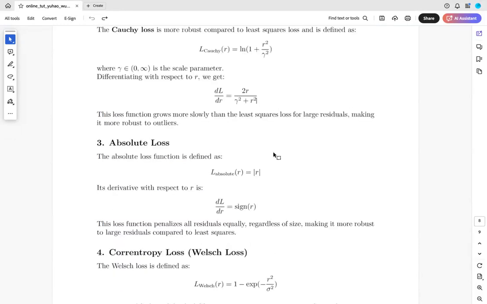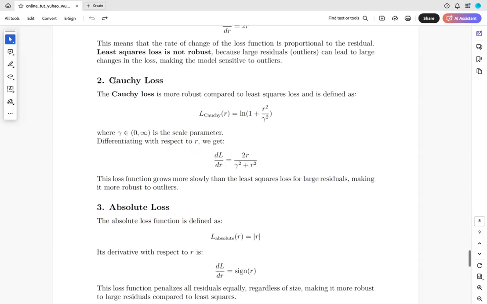I can show you the loss function. And yeah, if someone wants to ask a question, you can unmute yourself and ask.